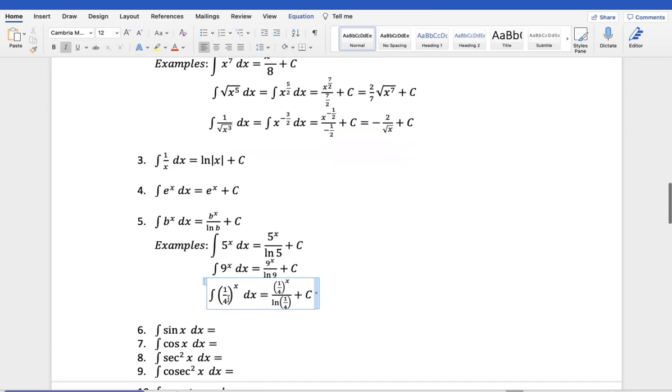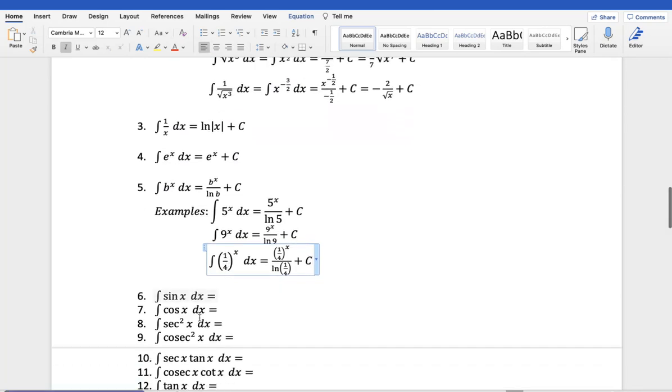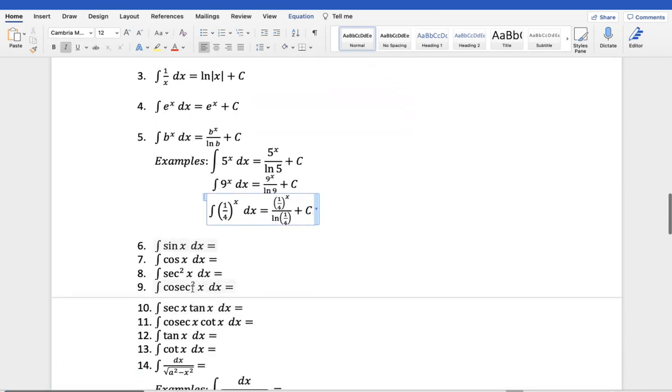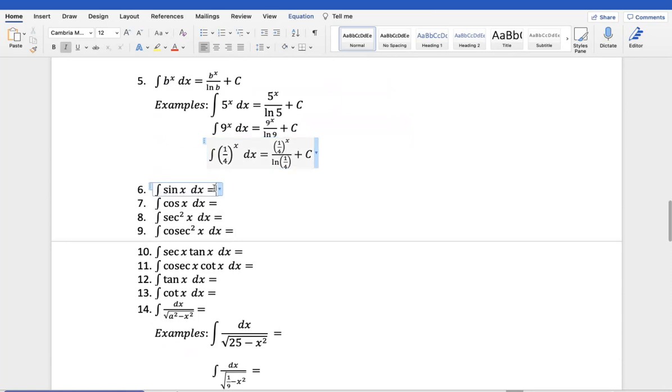And now if you look at the next few types of standard integrals, we have the standard integral of sine x, which we know is just equal to negative cos x plus the constant of integration. And the integral of cos x is just sine x plus our constant of integration.